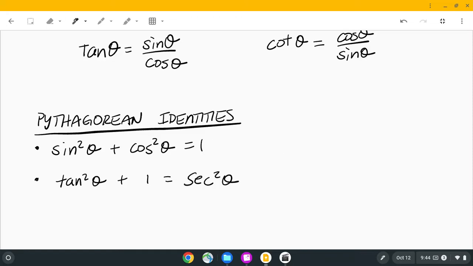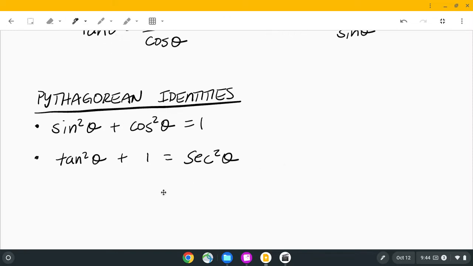So that's the second Pythagorean identity. We got the second one by taking the first Pythagorean identity and dividing both sides by cosine squared, because sine squared over cosine squared is tangent squared, cosine squared over cosine squared is 1, and 1 over cosine squared is secant squared.